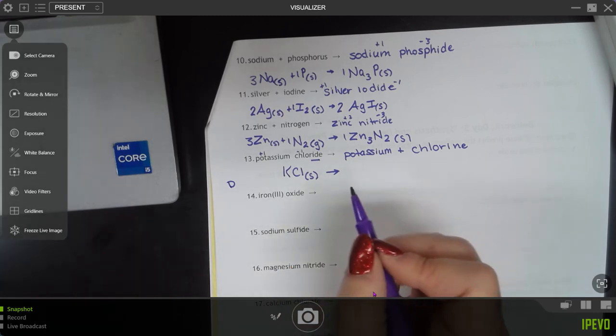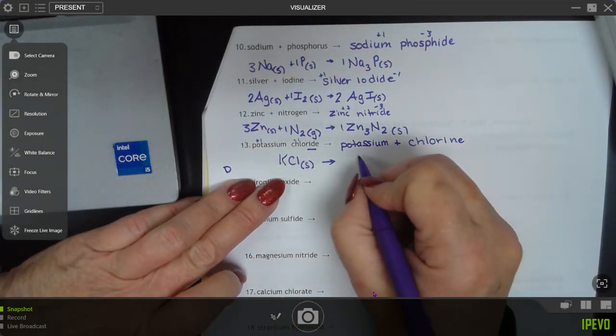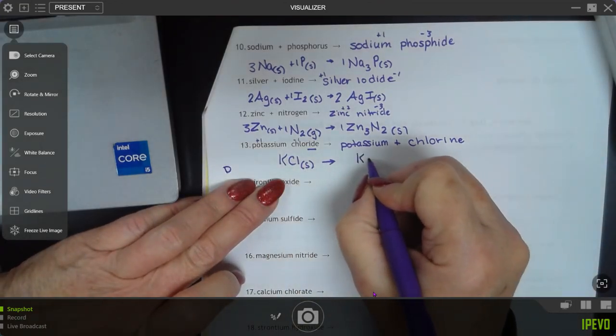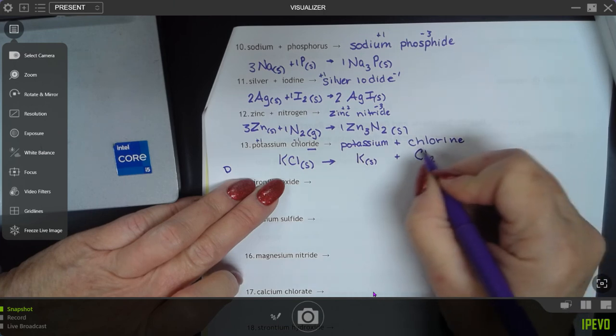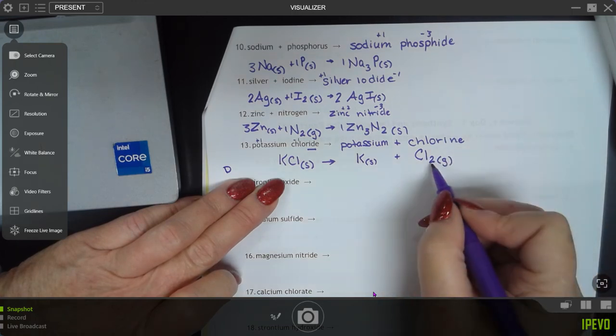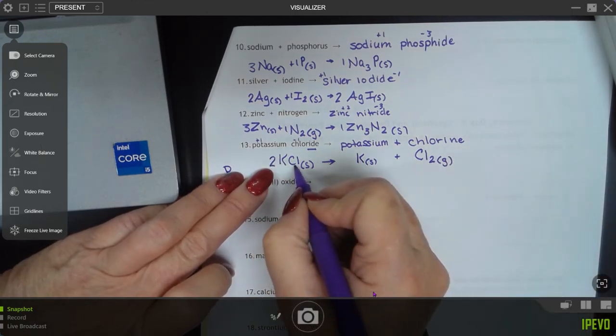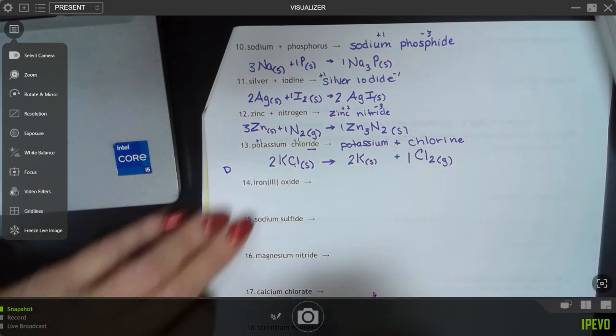That's a compound, and that's when we have to look at the charges. So potassium chloride breaks down to give us potassium solid, plus chlorine, which is a diatomic now that it's by itself, and it's a gas. So 2 chlorine over here, I need a 2 to give me 2 chlorine, and I need a 2 to give me 2 potassium.